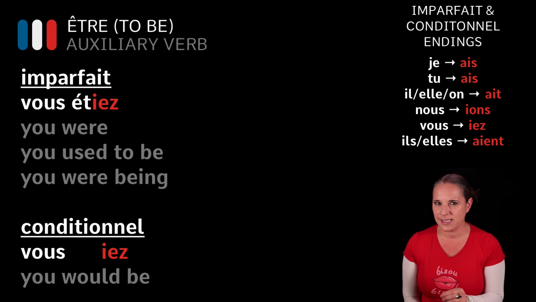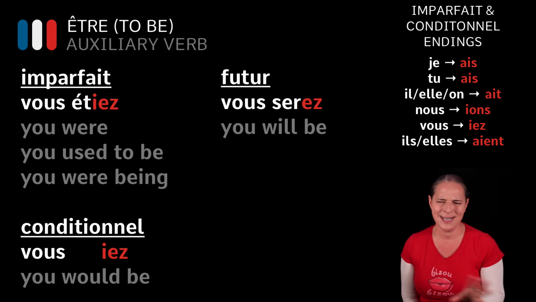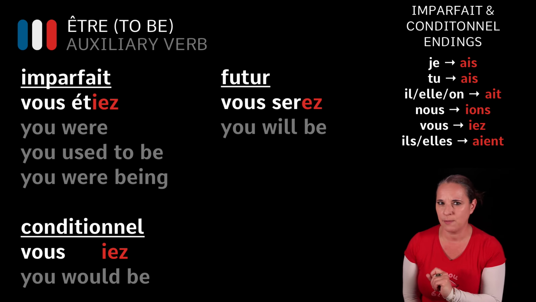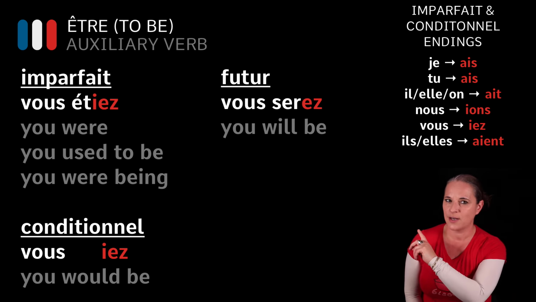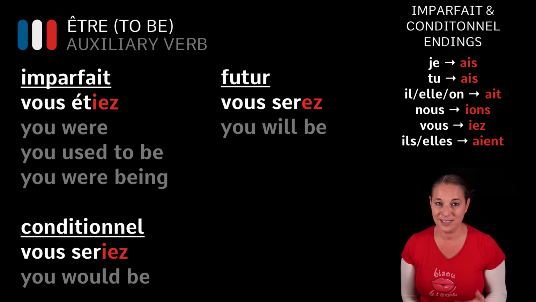First of all, what is the stem in the future tense? Vous serez. You will be, completely different from the imperfect. However, we're using the same ending as the imperfect for the conditional, IEZ, with that stem from the future, ser. So let's have a look. Vous seriez. You would be. Okay, do you get that?